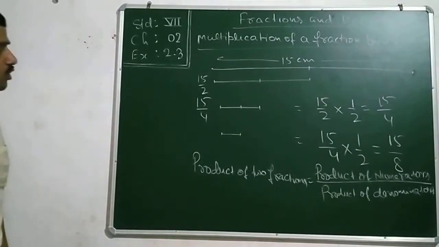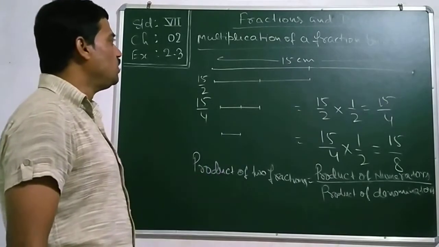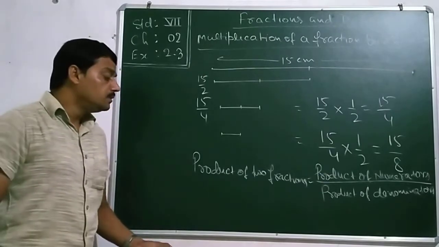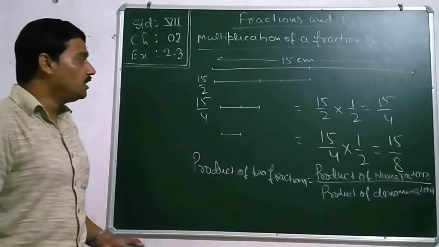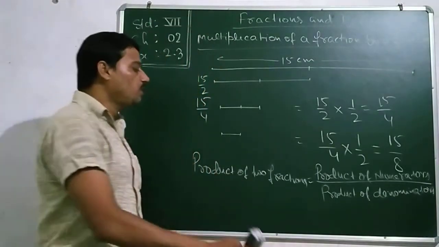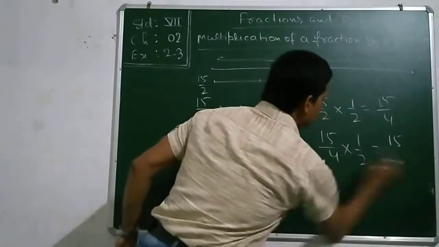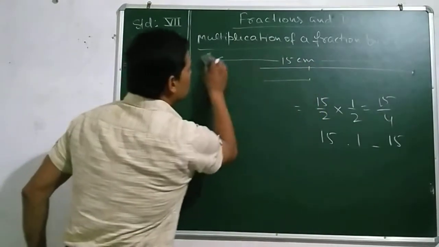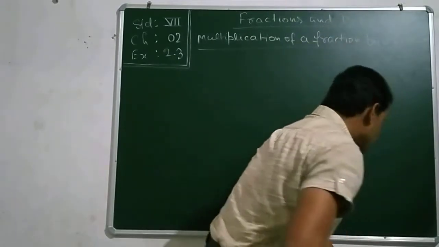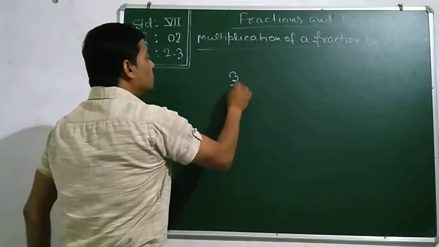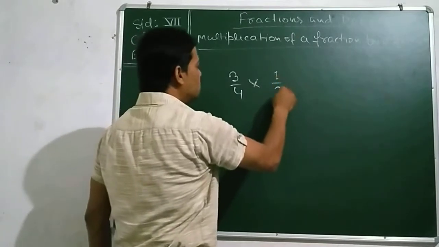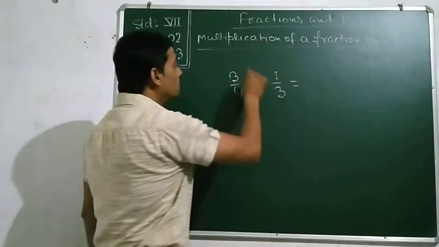Now, as you have seen how to find the product of two fractions, let us look at the value of the result. What will be the result if we multiply two proper or two improper fractions? 3 by 4 is a proper fraction, into 1 by 3, which is also a proper fraction.